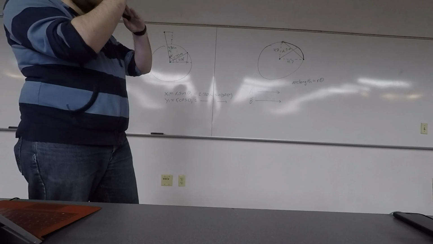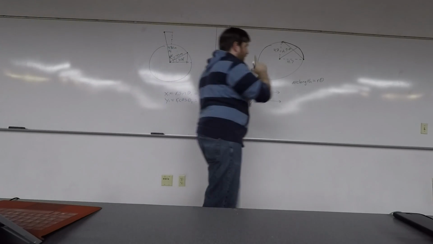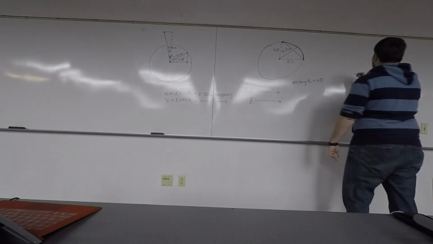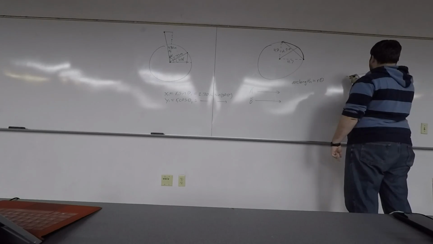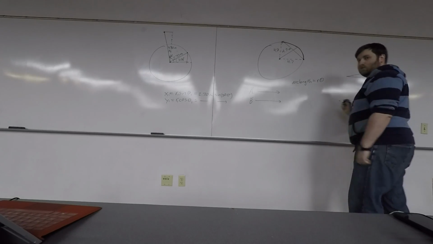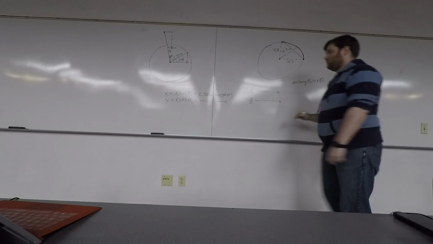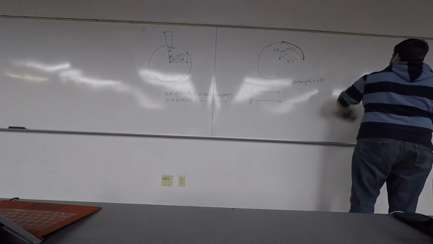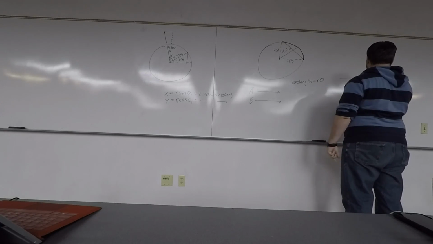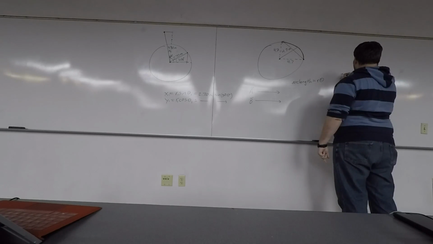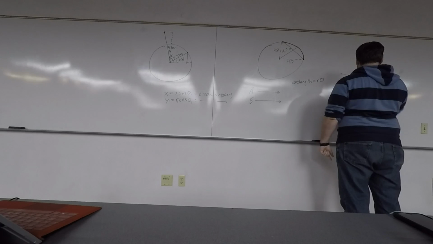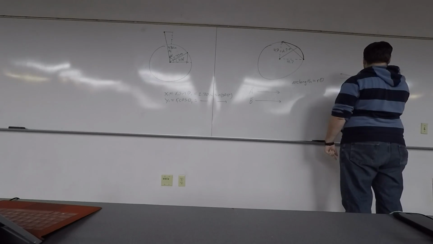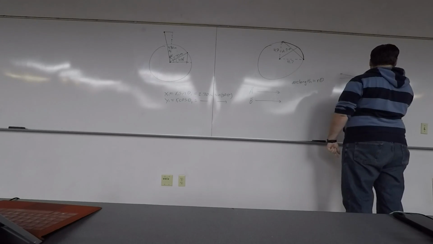So let's say you have an angle like this, and then it'll go like this. This would be maybe a plus or a minus. If it was minus, then you would just flip it. It would go like that.